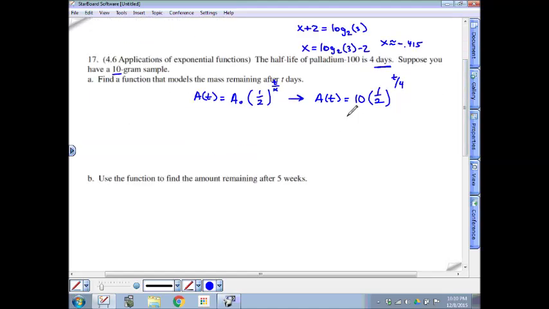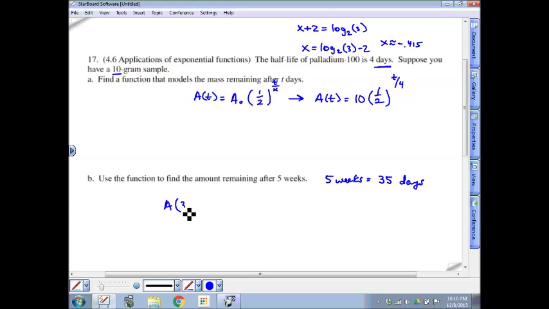The reason for part A, finding the function, is you can use the function now to find out how much of the substance remains after 5 weeks. But this function was built using a time value of 4 days, so we can't mix weeks with days. So 5 weeks is equal to 35 days.